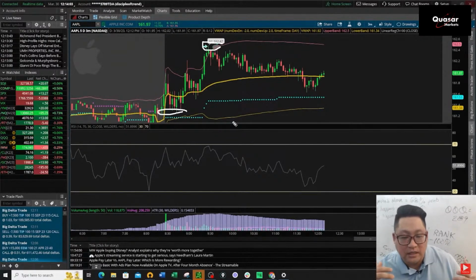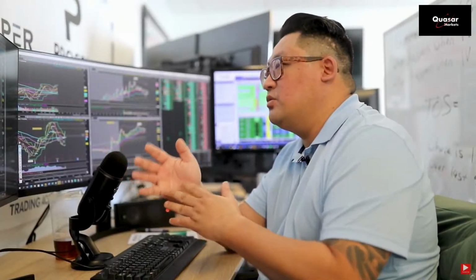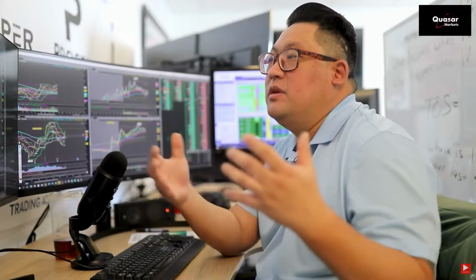This is where we could see a lot of participants get involved. And this is extremely important because when we recognize those moments, when we recognize that participants are getting involved, that also means that there's a lot more volume coming in and pricing activity could kick up. And we could see extreme movements come into the picture.